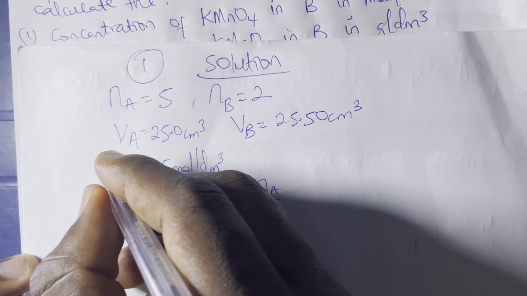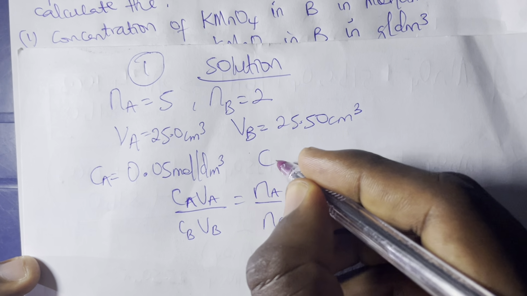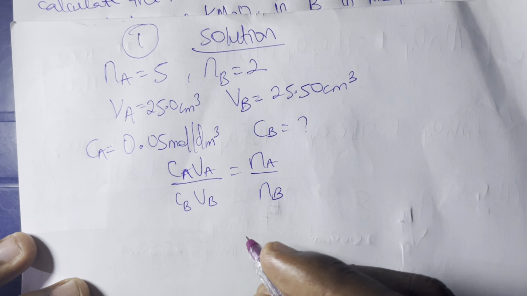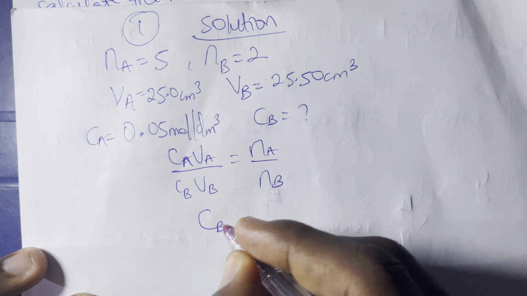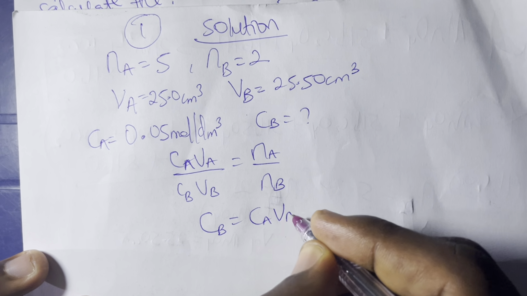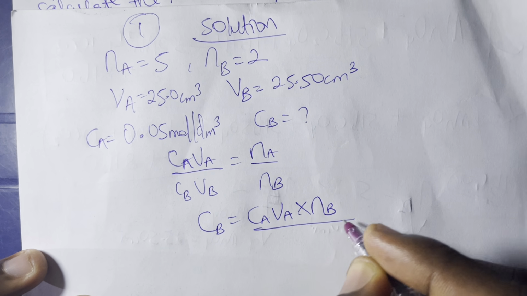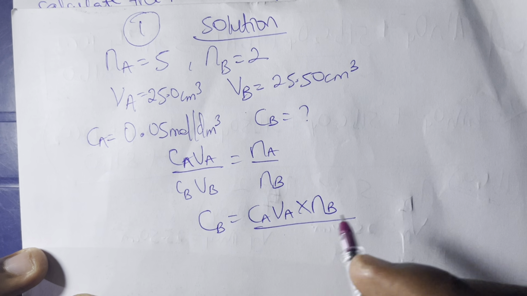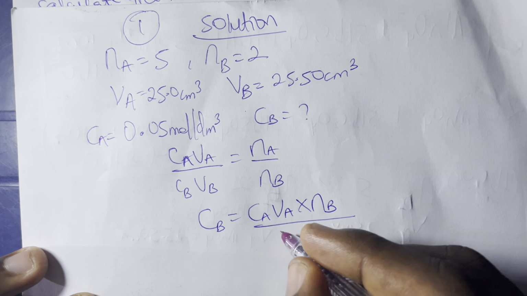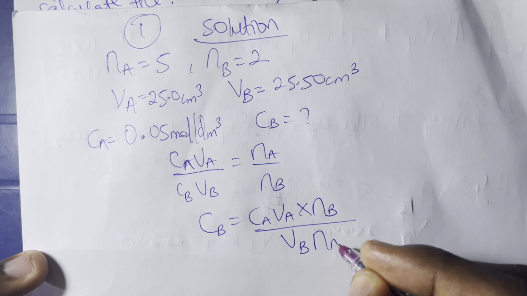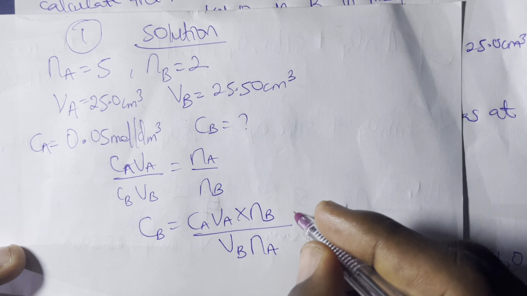Our CA is this, so we don't know our CB. So CB equals CAVA multiplied by NB all over VBNA. Now let's insert the parameters.